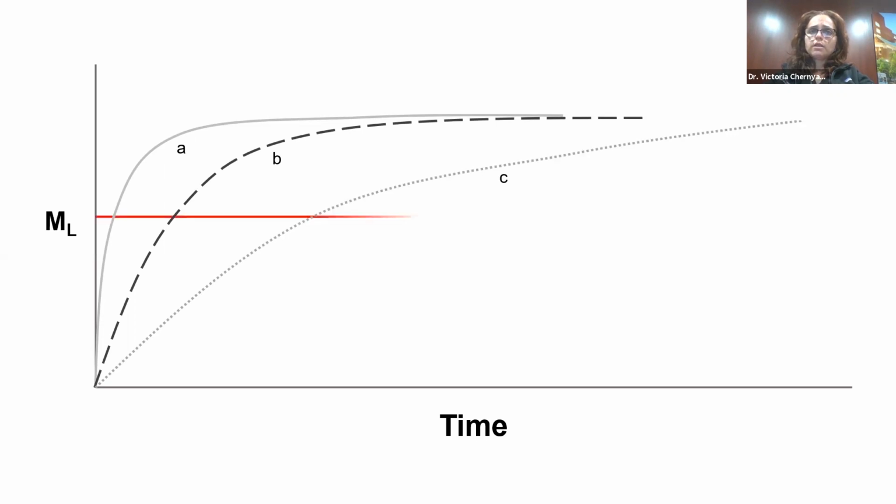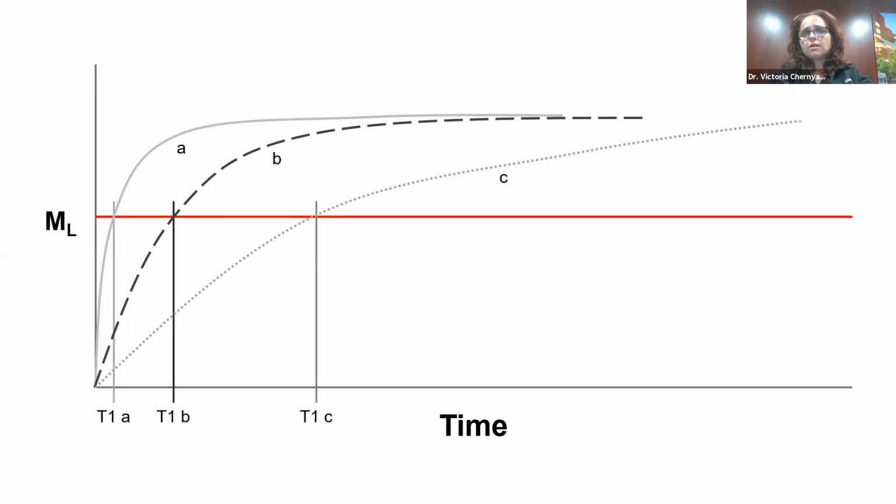We can look at the constant, and you can see that each of these tissues recovers 67% of the original length of the vector at different times. And these times are described as the T1 constant.